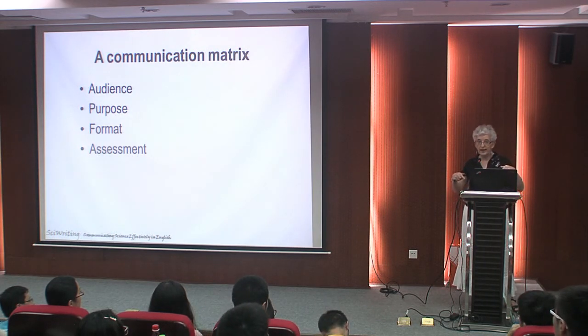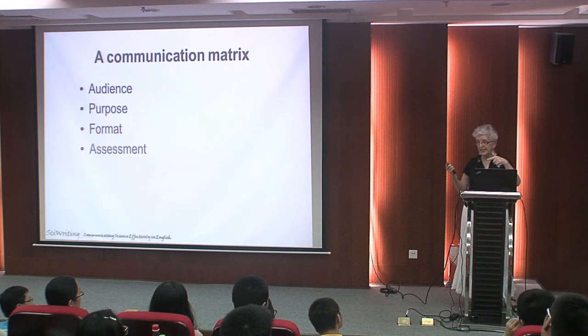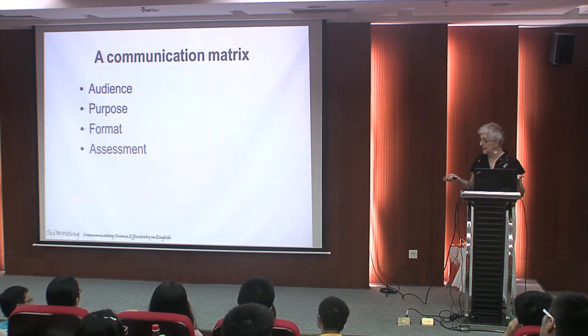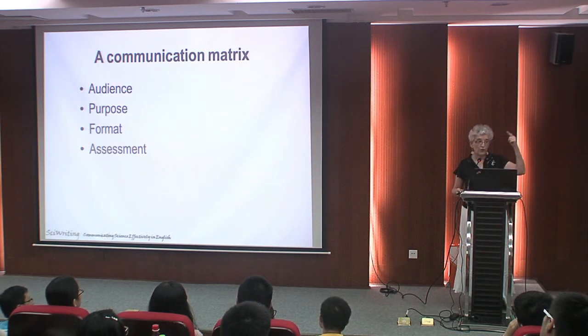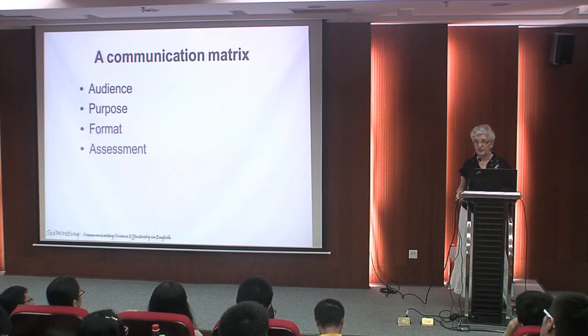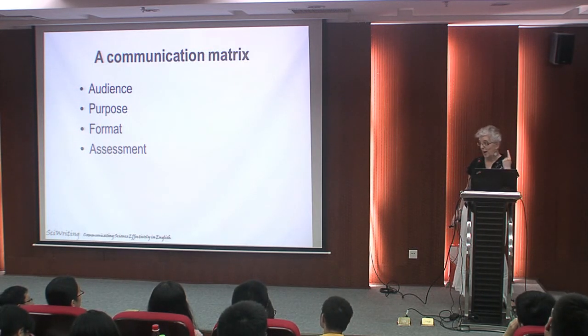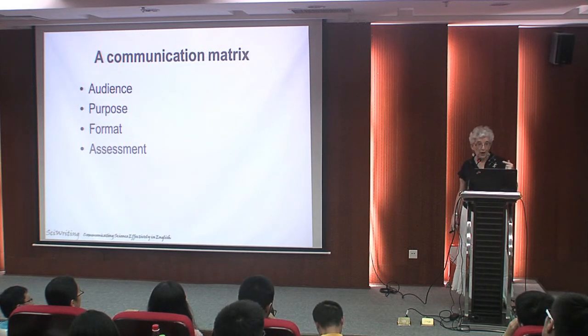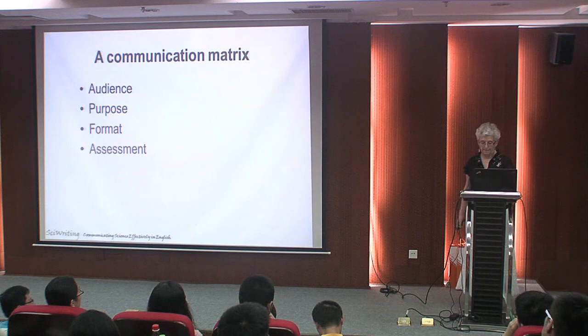So we must study, look at the differences between the different formats and how they relate to the last one here, which is assessment, because that is the fourth component of the communication matrix. Who will assess you? How will they assess you? As much detail as you can possibly find about assessment.